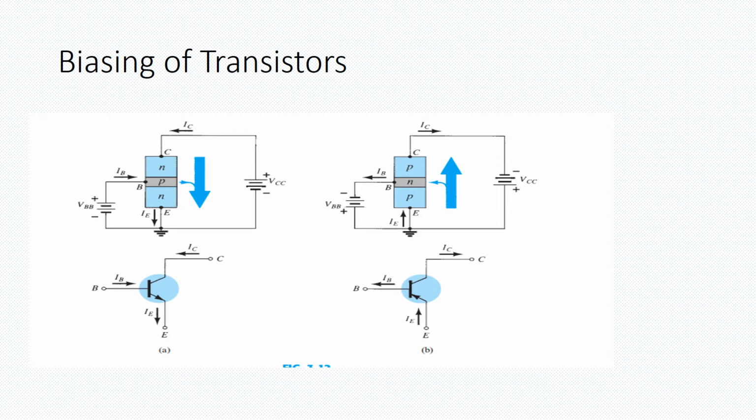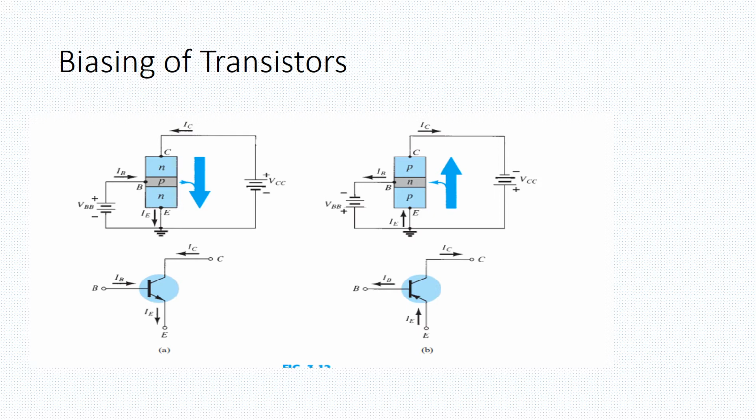Biasing of the transistor here is a common emitter configuration, both in NPN and PNP. In NPN we can see that the base to emitter junction is forward biased and the base to collector junction is reverse biased.